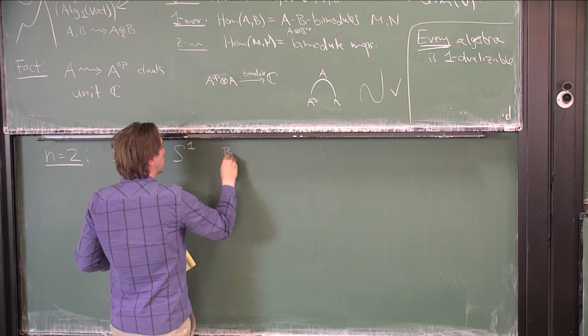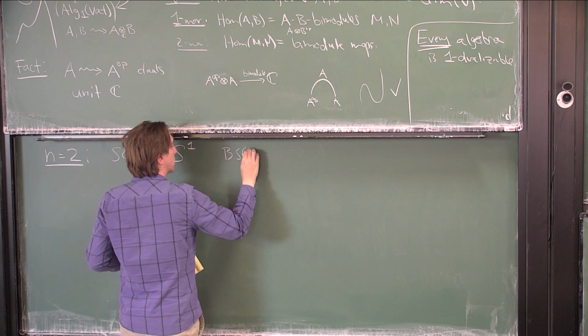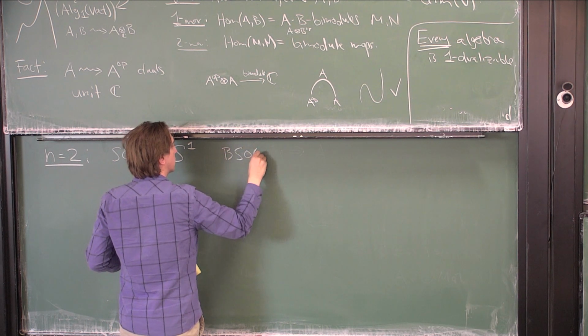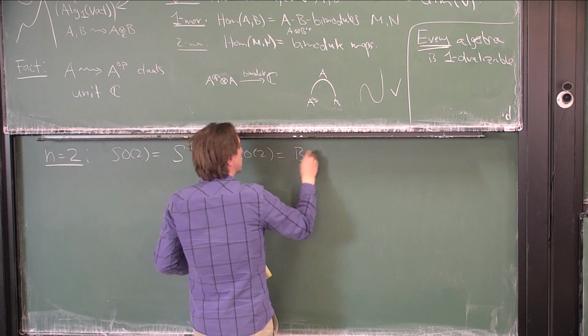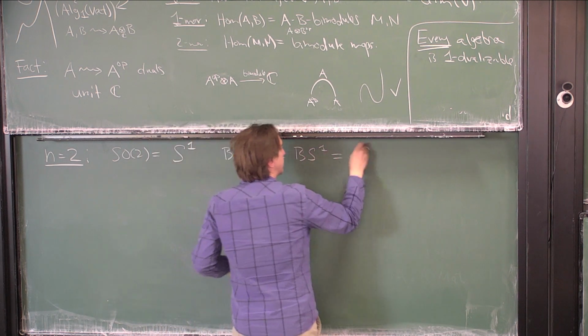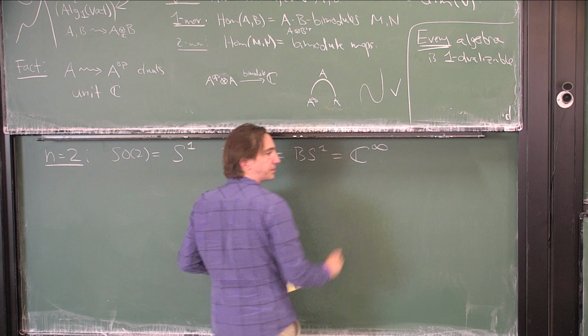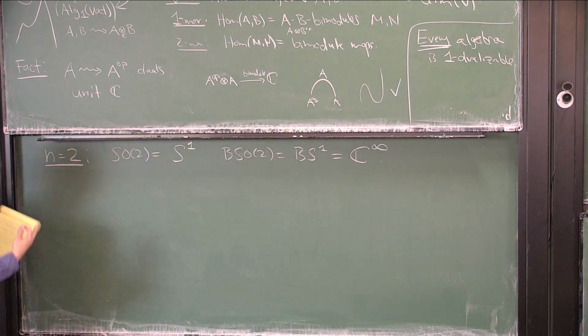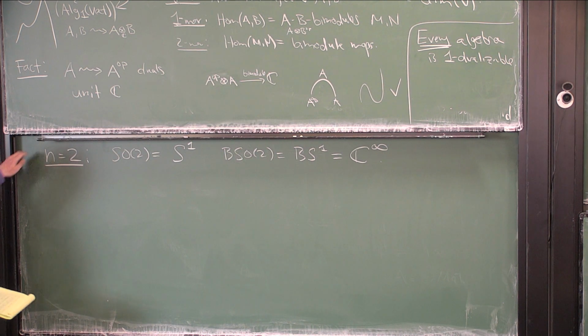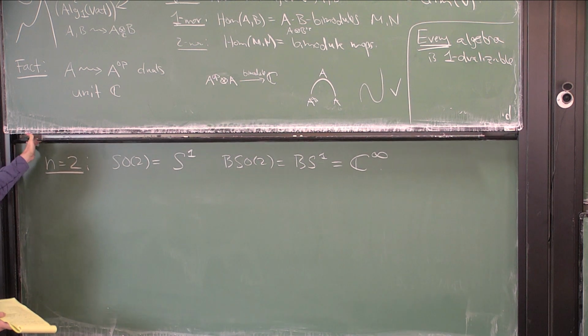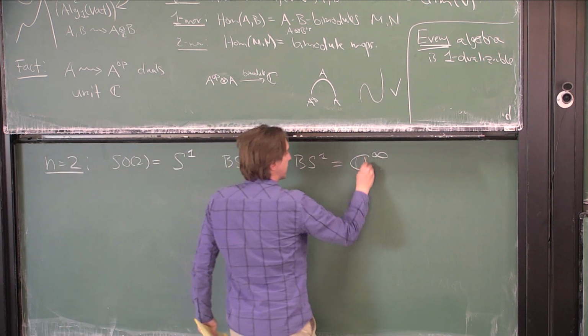And so BSO(2) is just BS^1, that's CP infinity. This is a classic fact from topology. Forgive me if it's not familiar. Sorry, not C infinity, usually CP infinity.